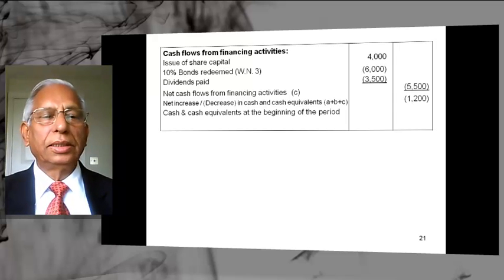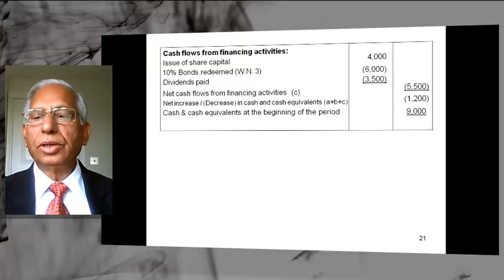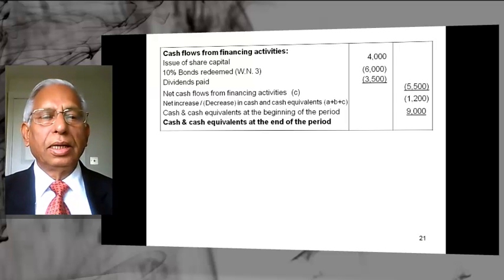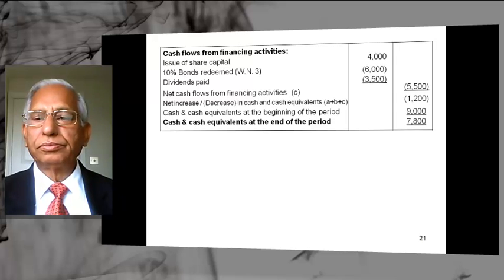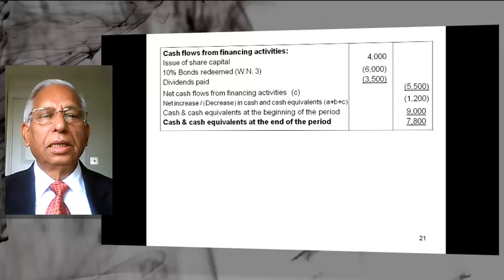To this you add cash and cash equivalents at the beginning of the period given in the question, 9,000 rupees. Now you get cash and cash equivalents at the end of the period. I think we have been able to understand how to prepare cash flow statement, both as per direct method and indirect method.